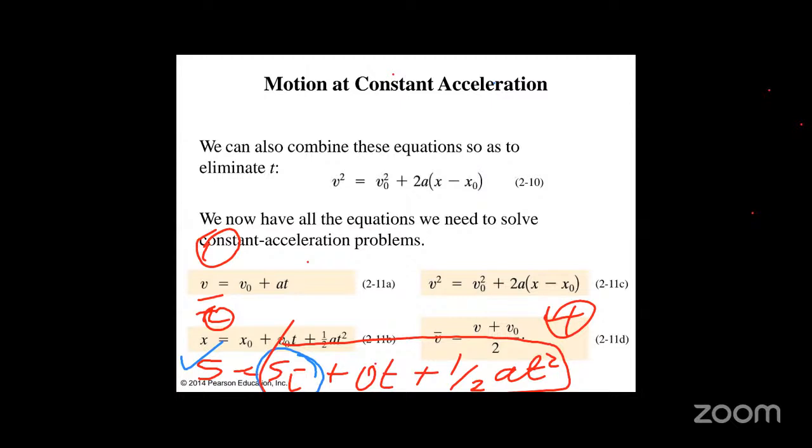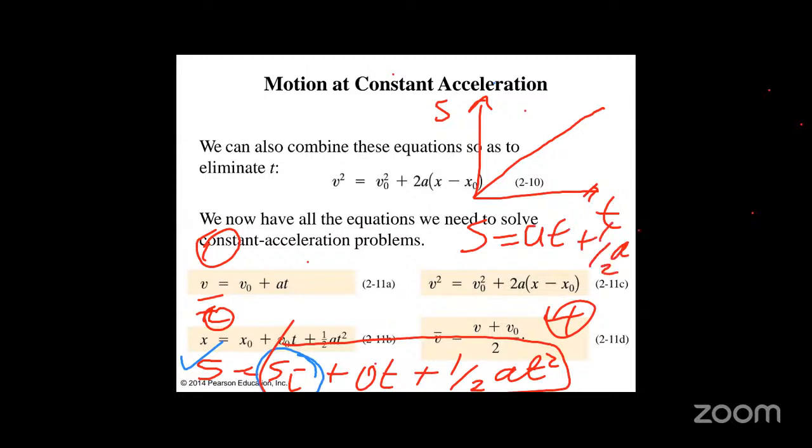If I have a distance-time graph that starts from the origin, then this is S equals ut plus half at squared.